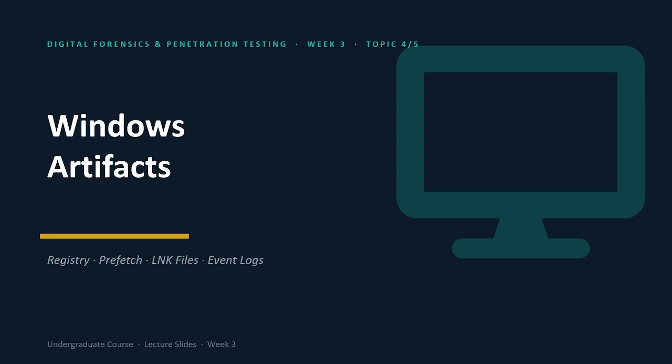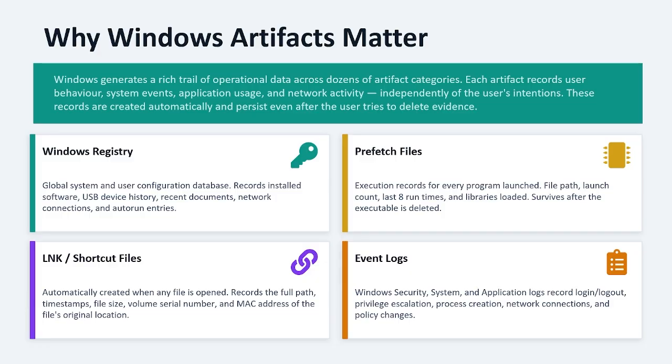Welcome back. Today we're going to talk about Windows artifacts, and specifically what sort of artifacts Windows just keeps around. Windows generates tons and tons of data, lots of data that just gets hidden everywhere, everything from user behavior, system events, application usage, and network activity, independently of whatever a user's intentions are or were.